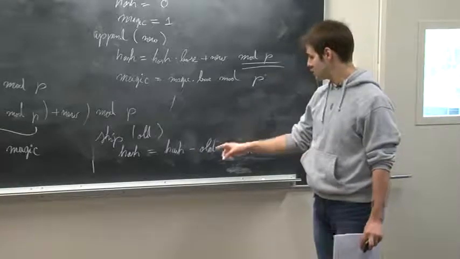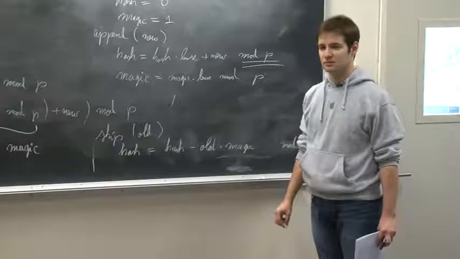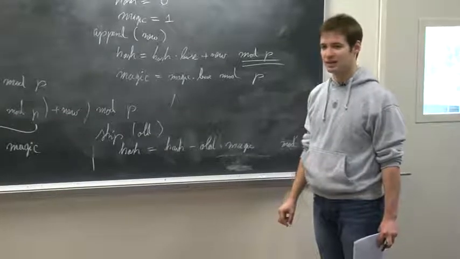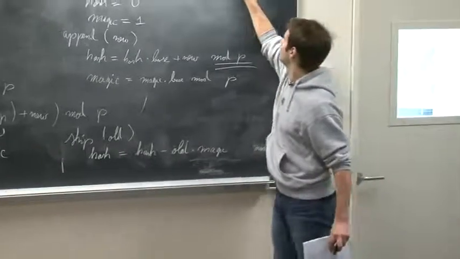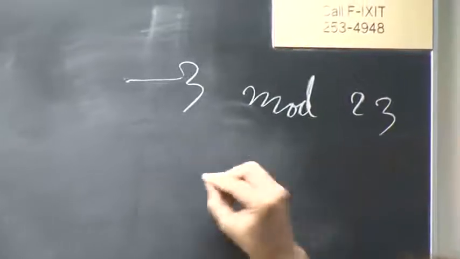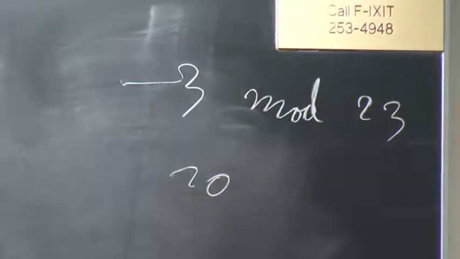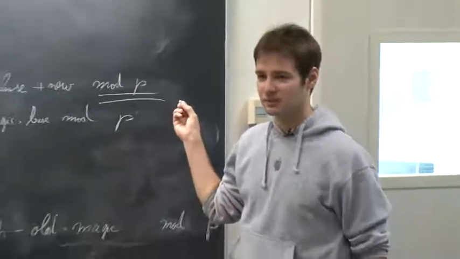But what happens if old times magic is bigger than hash? I get a negative number. In math, people assume that if you do something like minus 3 modulo 23, you're going to get 20. So modulo is always positive in modular arithmetic.